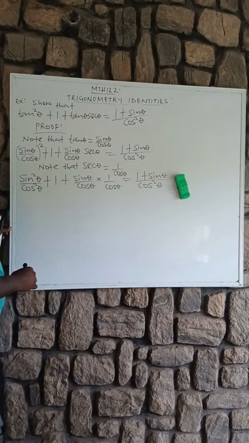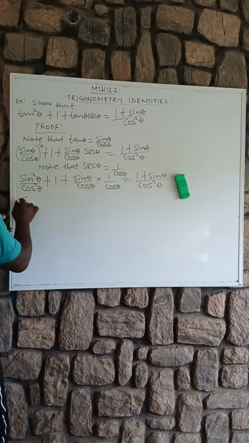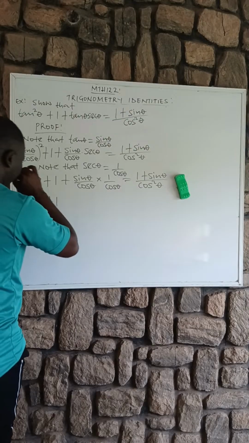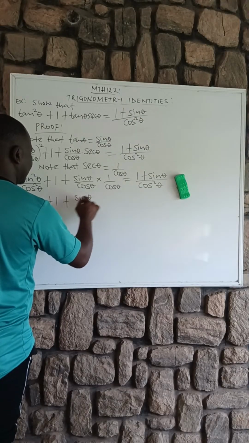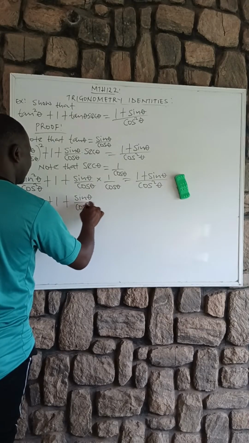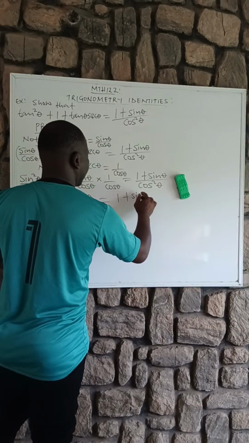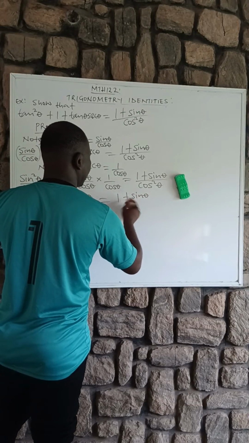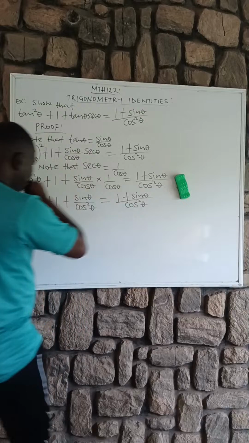If we multiply this out, we have sine square theta all over cos square theta plus 1, then plus sine theta all over cos theta times cos theta, which is cos square theta.